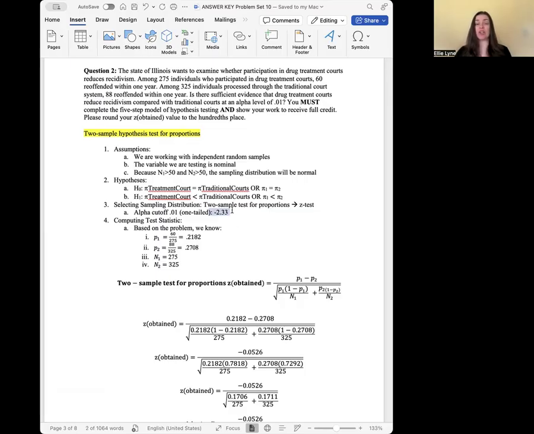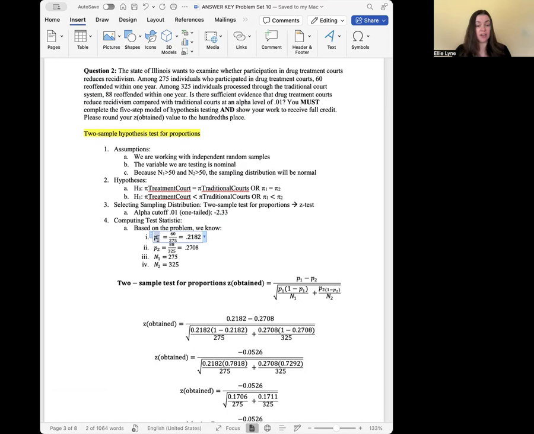So that serves as our Z critical value or our cutoff point to determine whether or not we land in our safety zone or in our danger zone if we reject the null hypothesis. Okay, as I had mentioned when we were reading this problem right off the bat, I know that I can convert these numbers into proportions really easily.